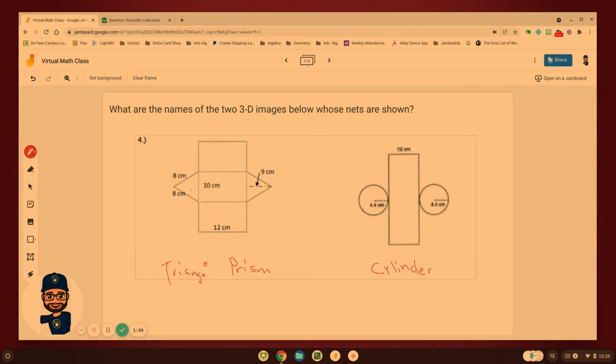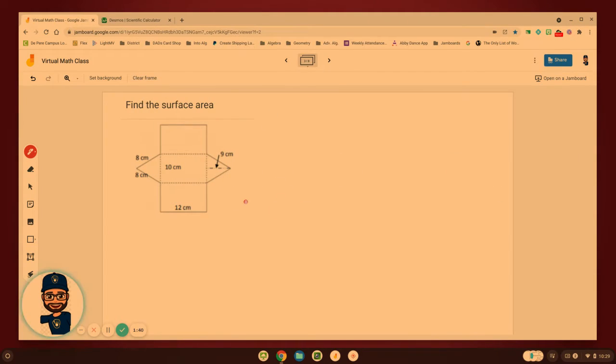Triangular. Now, as I mentioned, sometimes these nets can help us find surface area: the area of each of the outside surfaces, and we're going to add them all together. All right, so let's start with this triangular prism.